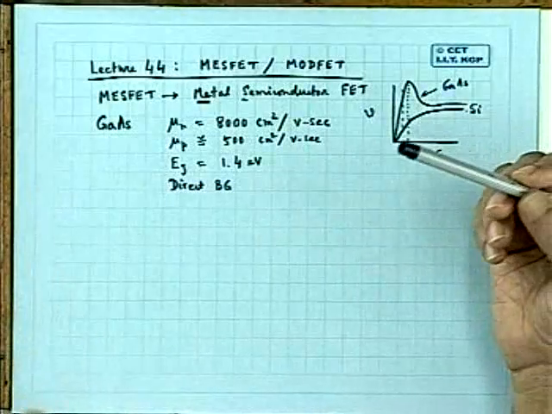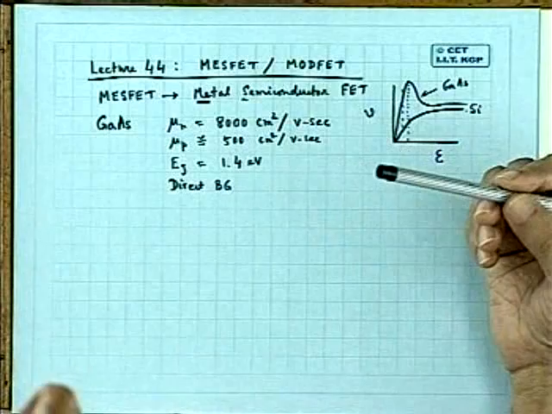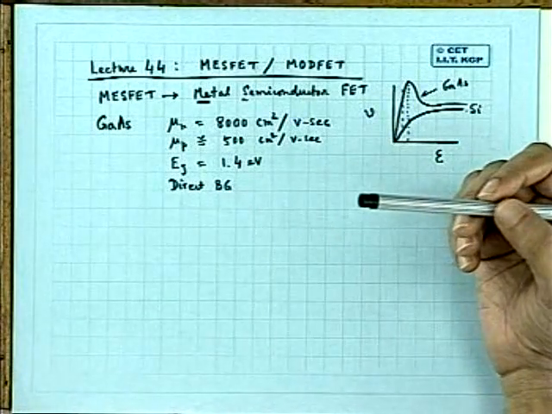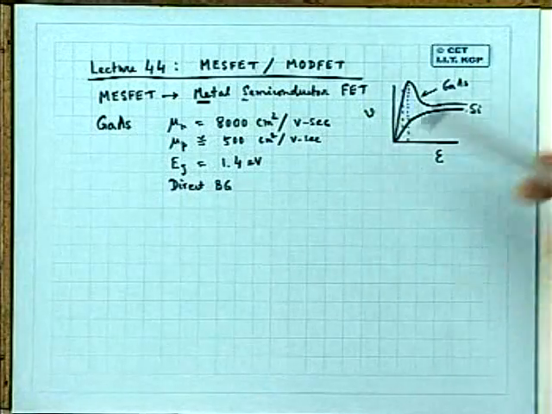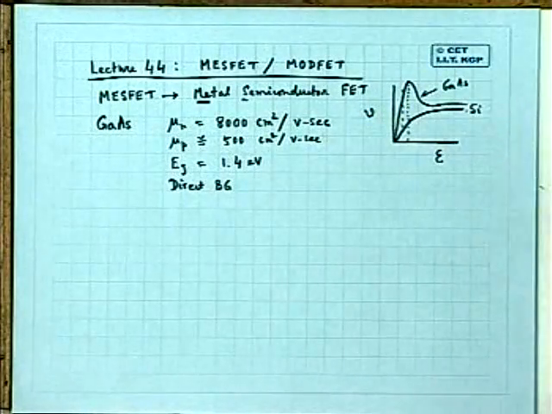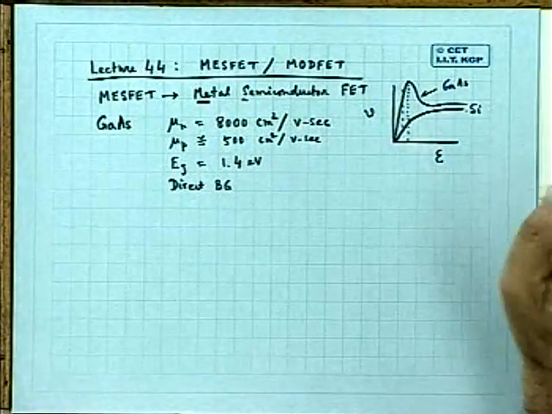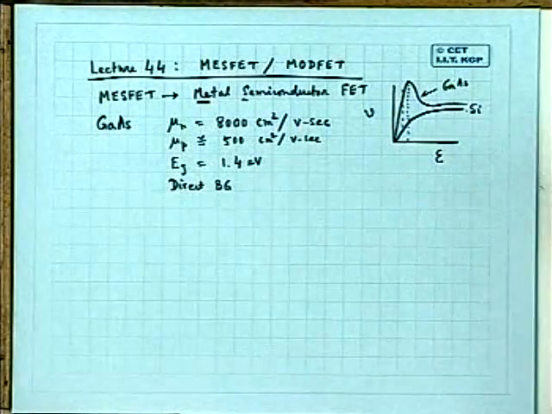And in that way gallium arsenide is definitely superior because of the very high mobility and other better properties. But then MOSFET technology came. MOSFET technology was invented a very long time ago, but it could not be commercially standardized because of various reasons, some of which I think you have been told in this class as well as in other classes.